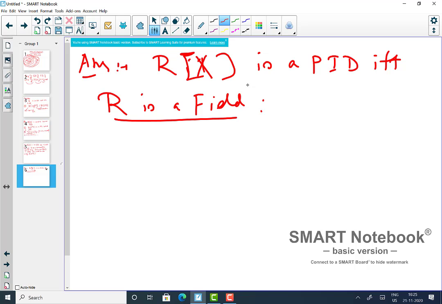That is the answer to that question. Okay, so one part we already proved: if R is a field, then R[x] is an ED and hence a PID, right? So the converse part we need to prove.